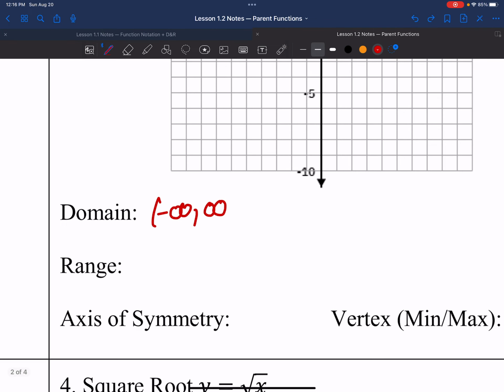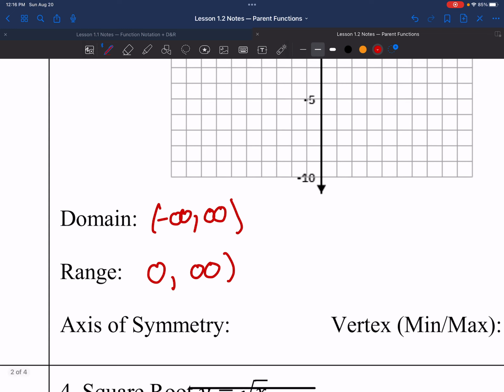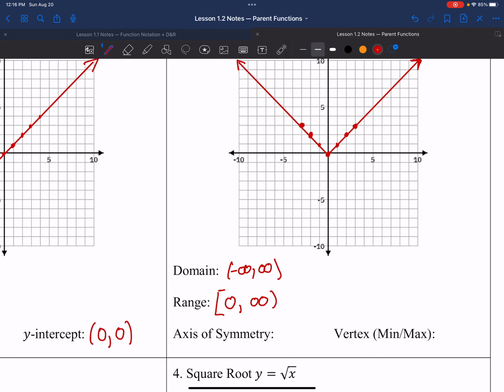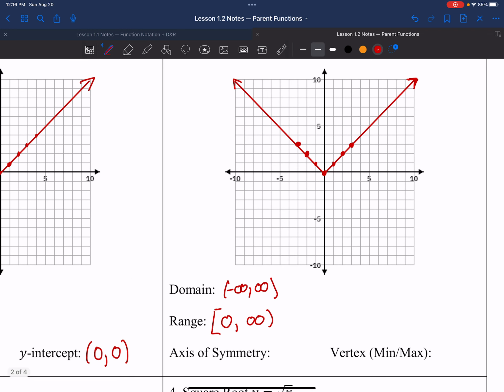So my features are 0 to infinity. Does it include 0? Yes. So it is a bracket, okay? Bracket 0 to infinity. And then you'll see that it also has an axis of symmetry. If you notice, I'm going to draw it with a little blue dashed line here.